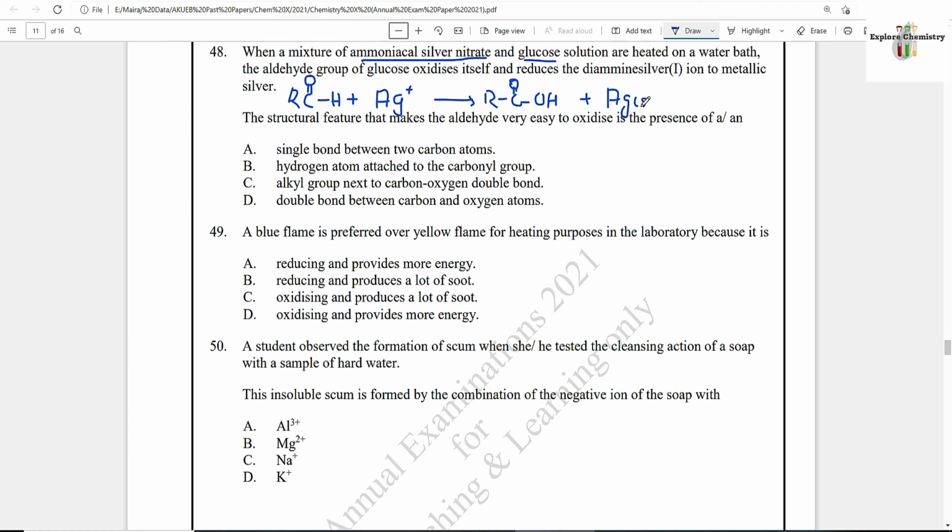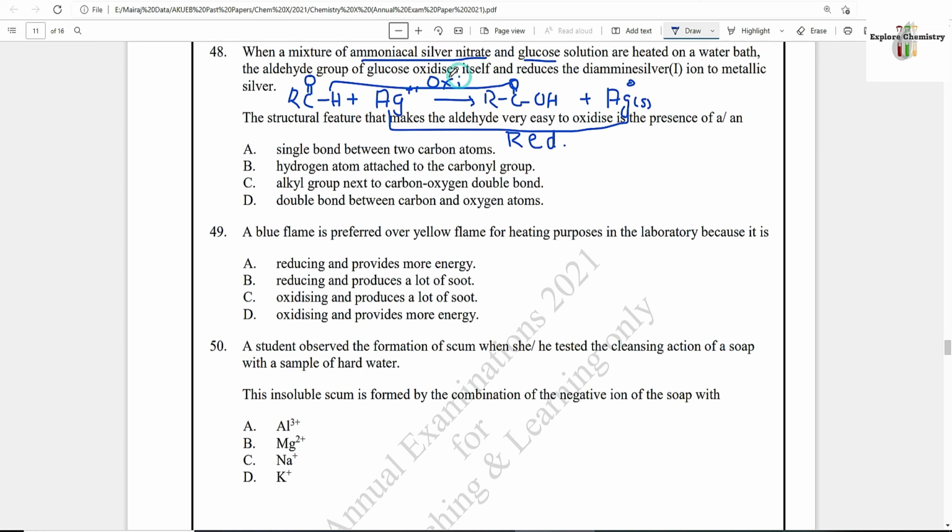Silver atom has 0 oxidation state, meaning silver's oxidation state is changing from +1 to 0. This is a decrease in oxidation state, meaning reduction of silver is taking place. This is reduction. And aldehyde is being oxidized because oxygen is being added over here.